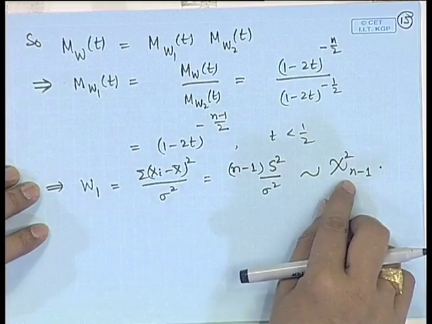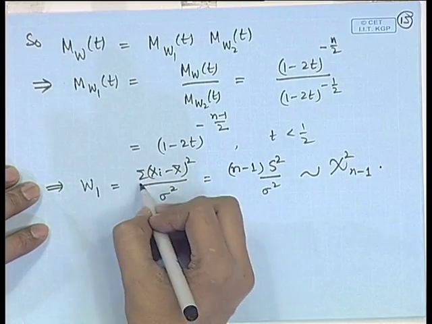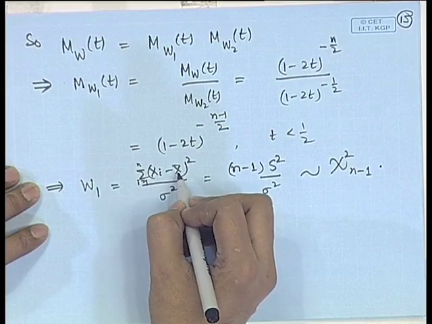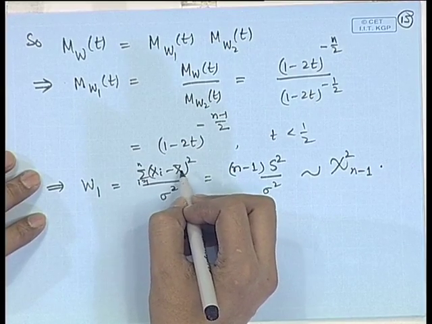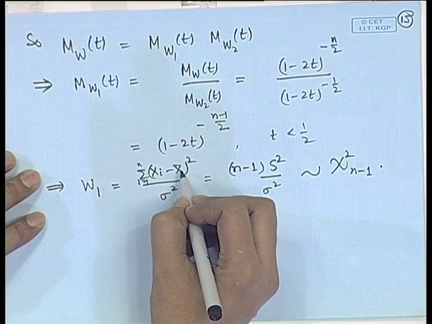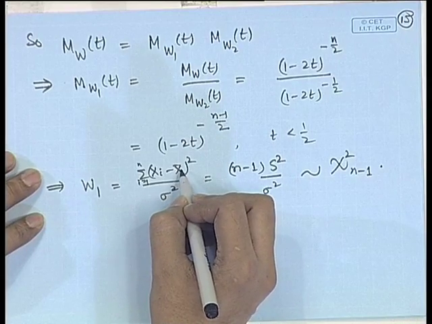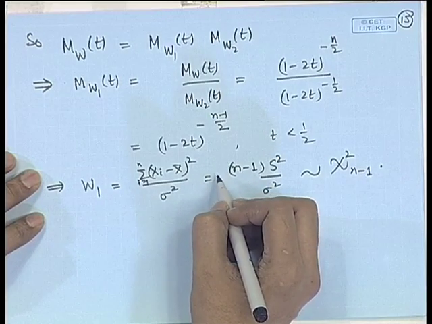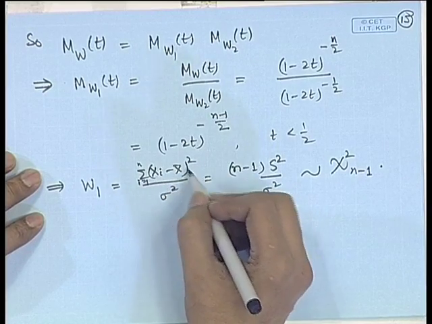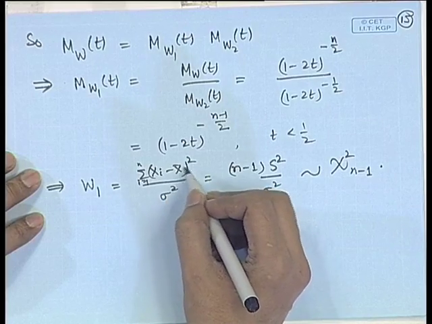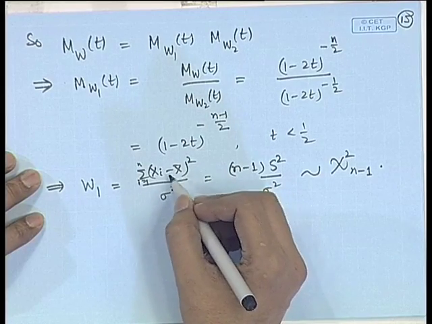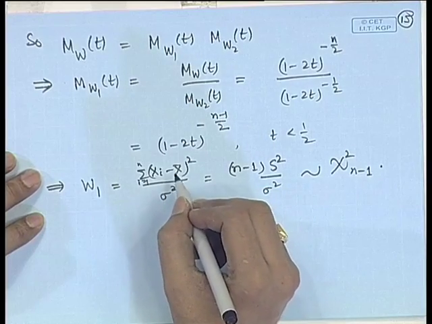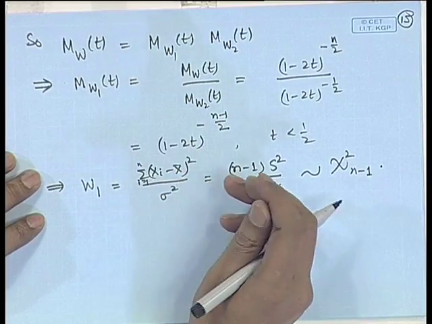Here we want to clarify one question: although this is a sum of n variables, each x i minus x bar is a normal random variable. In fact, x i minus x bar will follow a normal distribution with mean 0, because x i has mean mu and x bar has mean mu, and variance will become sigma square times 1 plus 1 by n. So, it is a sum of n squares of normal random variables, but these are not independent, because sigma x i minus x bar is 0.